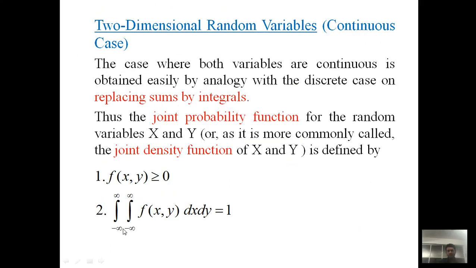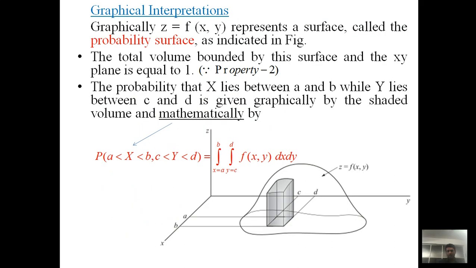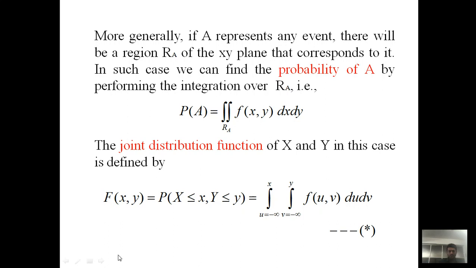The region along the x axis and y axis is unbounded, but according to our definition X less than or equal to x, so we have to restrict minus infinity to infinity, but infinity is replaced by x. Similarly for y, we assign a variable v from minus infinity to infinity, but again we have to restrict, and instead of infinity the upper limit is y, into f of uv du and dv. So here is the equation star.